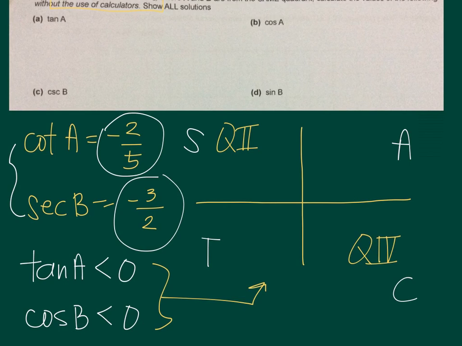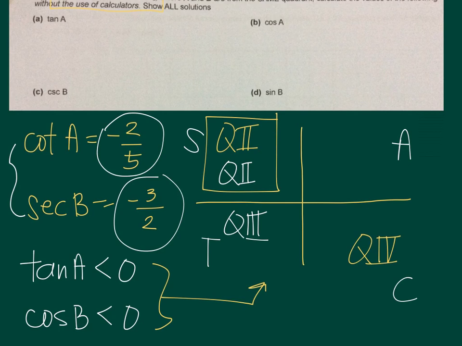And then if cosine B is less than 0, that could only be at quadrant 2 and quadrant 3. So as we can see, the only common quadrant that these two angles are sharing is quadrant 2. So the angles A and B will be constructed in quadrant 2. Okay. So let's proceed.